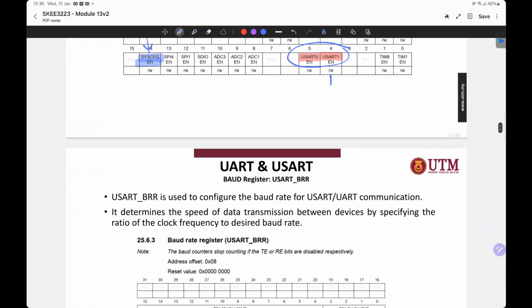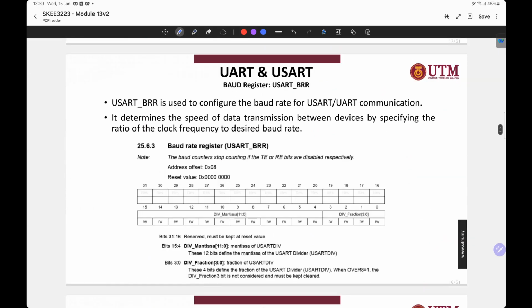Okay. Next register is the baud rate register. Sometimes you use the USART BRR. BRR stands for baud rate register. The USART BRR is used to configure the baud rate for the USART and UART communication.